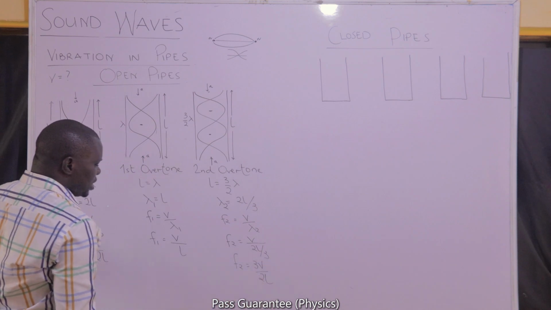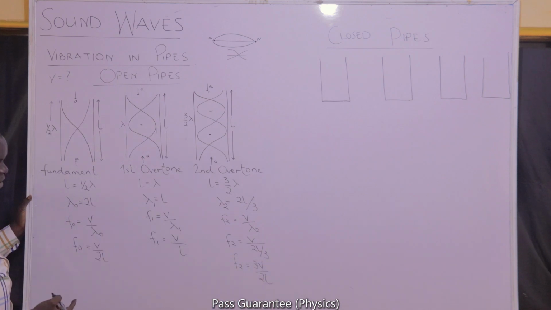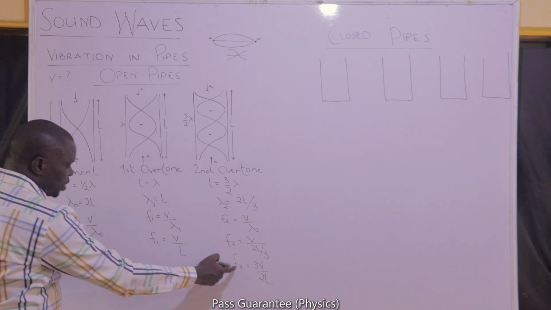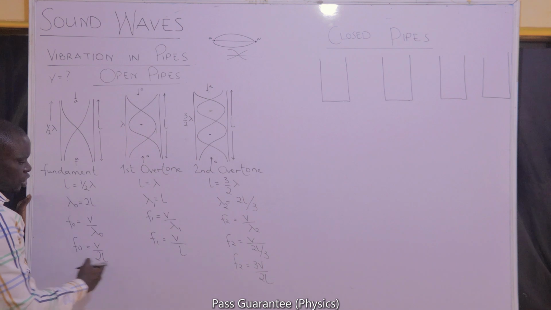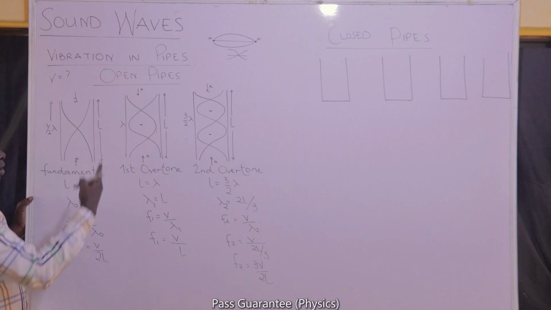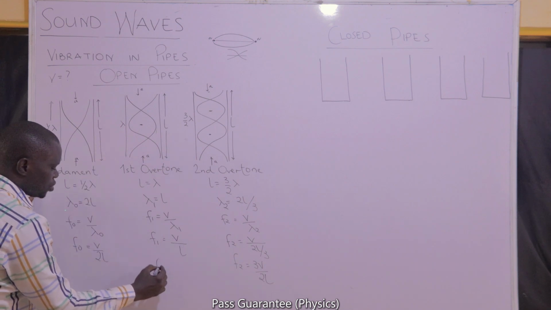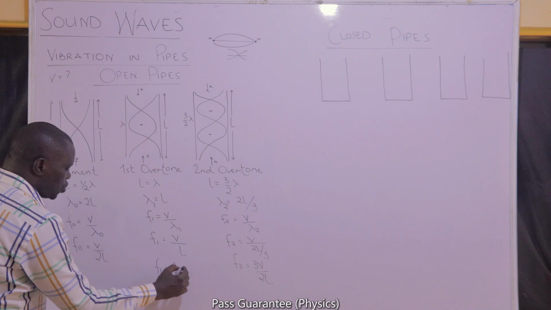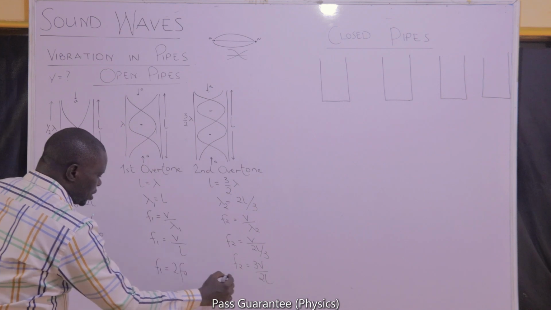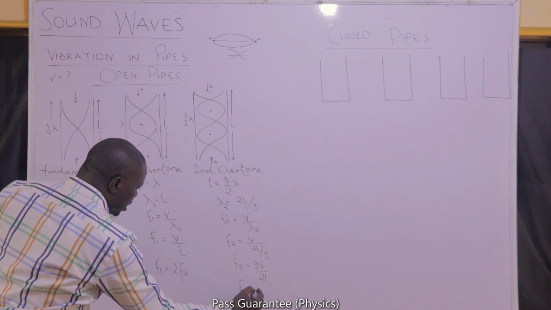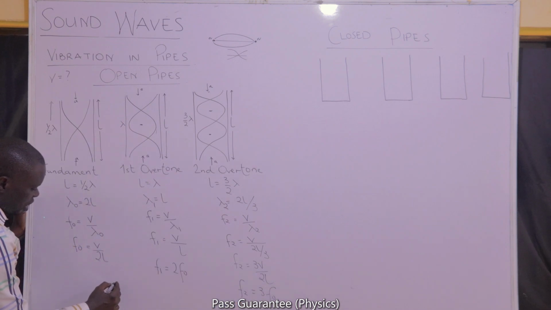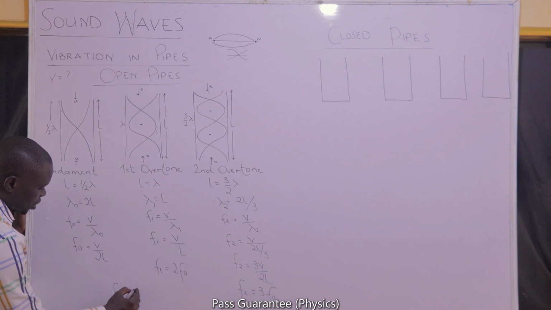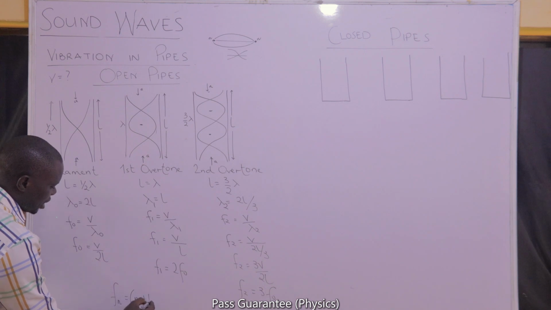If that is the case, I can now, like I did under strings, express each frequency as a multiple of the fundamental frequency. Because we have the same combination that we had under string, I hope you'll be able to see that the first overtone is also 2F naught, and the second overtone will be 3F naught. So the general formula for the frequency here too will be: nth overtone must be (n plus 1) F naught.